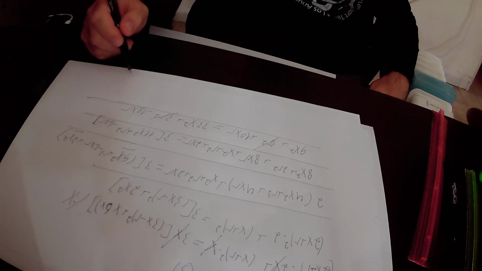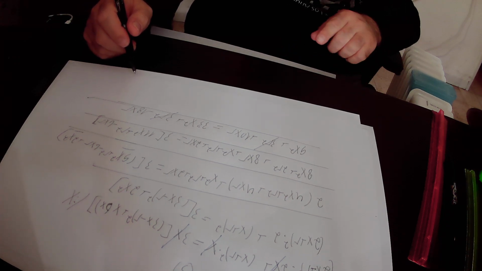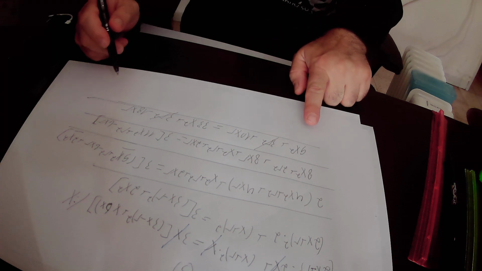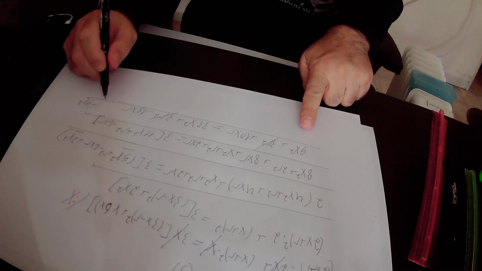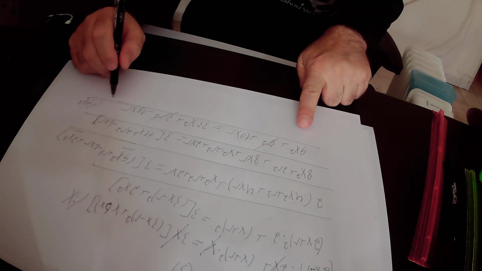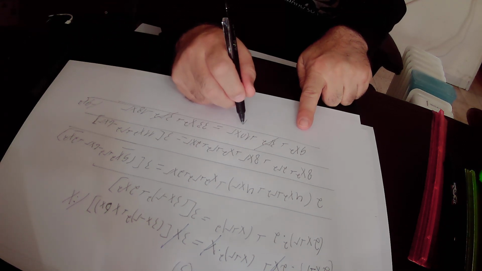In the next step, we will subtract 9x squared from this equation. 9x squared minus 9x squared is 0, so we are left only with 8xr.